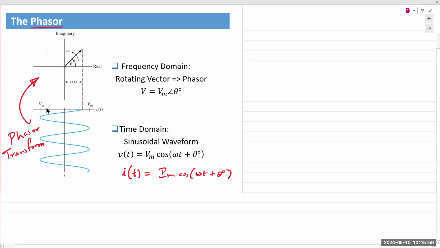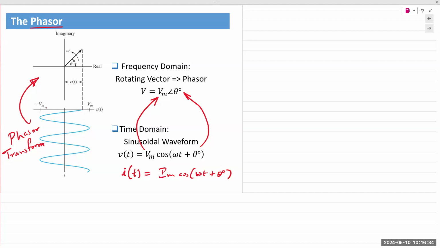So we represent that vector, and the vector only needs two things, length and the phase angle, and you obtain both of those directly from the time domain expression. Vm or Vp, the peak value of that quantity on the y-axis, gives you the length of the vector, and the phase shift, or the phase in the time domain in degrees, gives you the angle it makes with the real axis.